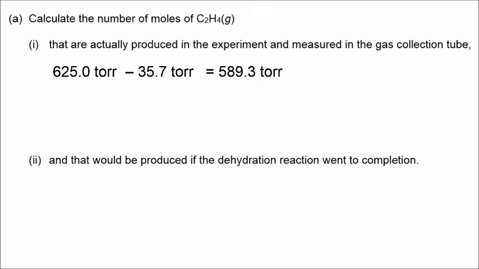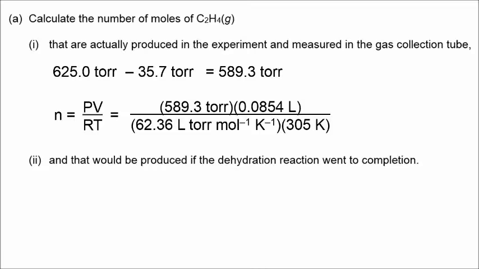Now it says calculate the number of moles of C2H4 that are actually produced. Well, how are we going to get moles? All we have is pressure right now. Let's take a look at the ideal gas law. We'll solve for n. So n equals PV over RT. So P, the pressure, is 589.3 torr. The volume they gave us in the problem, they gave us the temperature in Celsius.